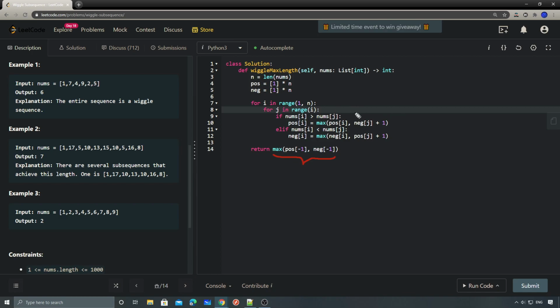The reason being that for this problem, let's say we have some numbers here, and we have i here, and i minus 1 here.